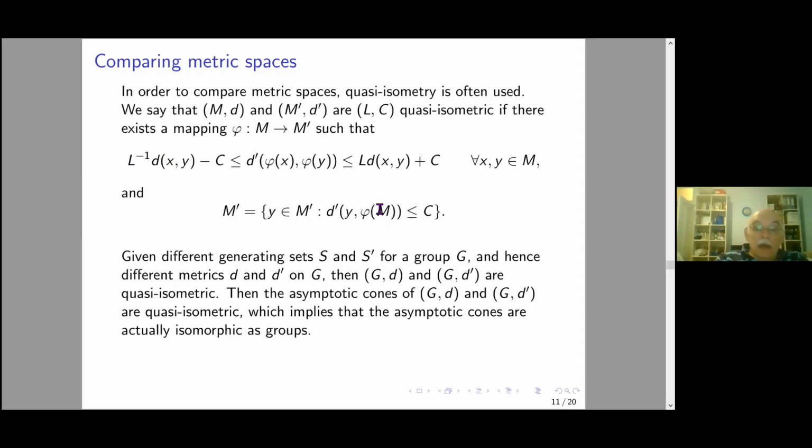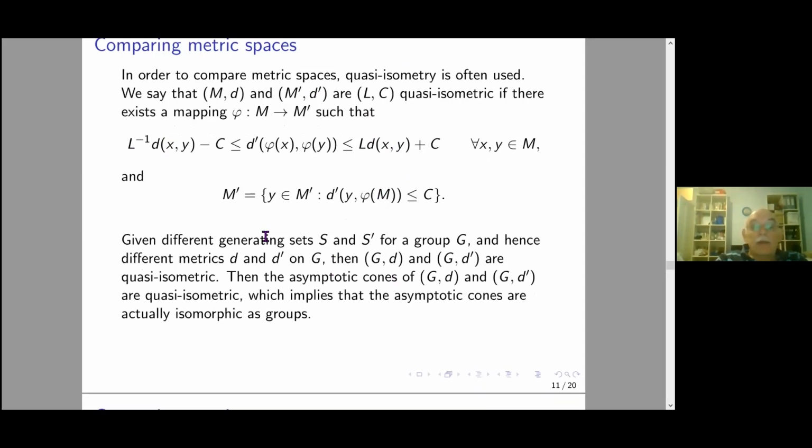And then if one looks very carefully at Gromov's arguments, if you take a group G and you take different generating sets, and the different generating sets give you different ideas of length, and the different ideas of length give you different metrics, the group with one metric is quasi-isometric in this technical sense to the other group.